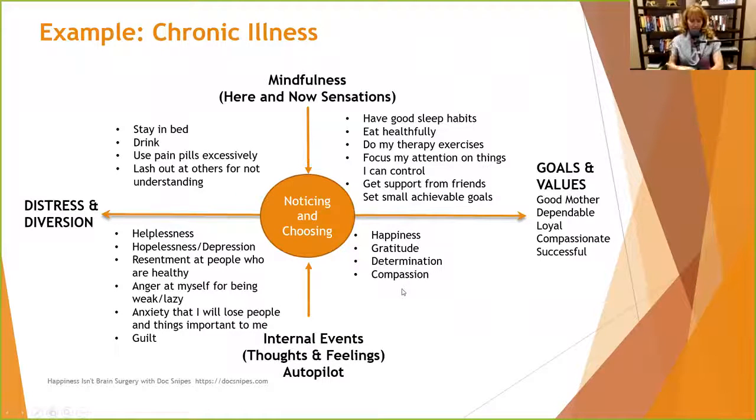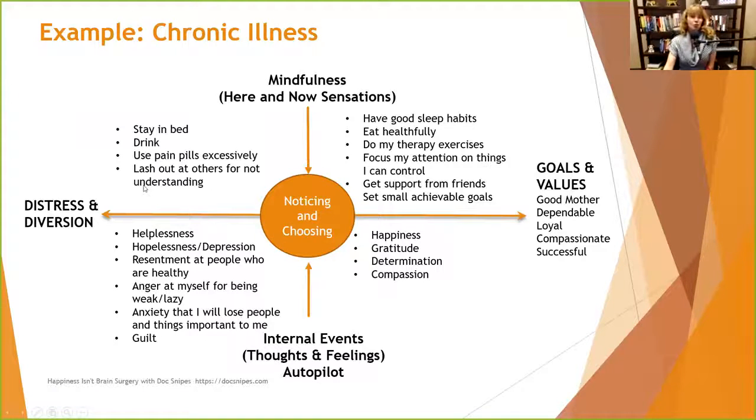Chronic illness. I'm going to give the example of either depression or chronic pain. This one fits for either of them. You wake up in the morning and you feel depressed, or your pain is just really bad that day. You notice this. You're mindful of how you feel and what your thoughts and urges are.